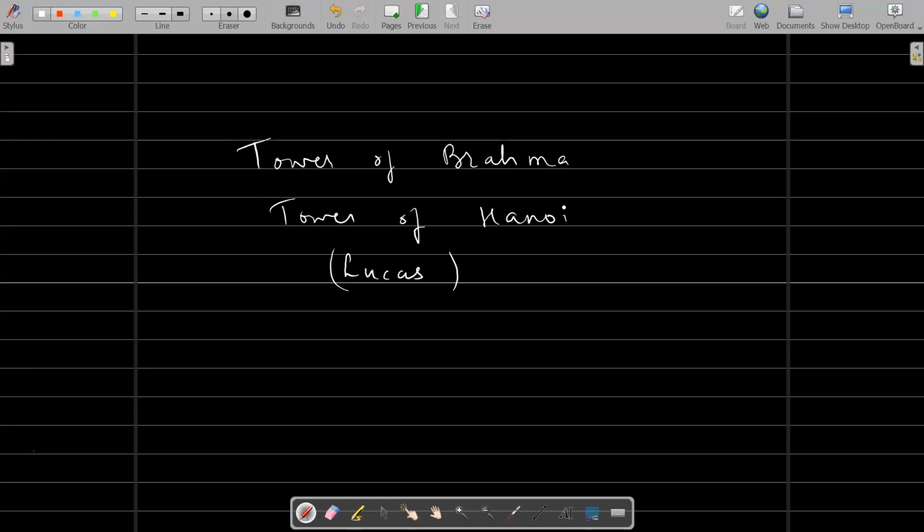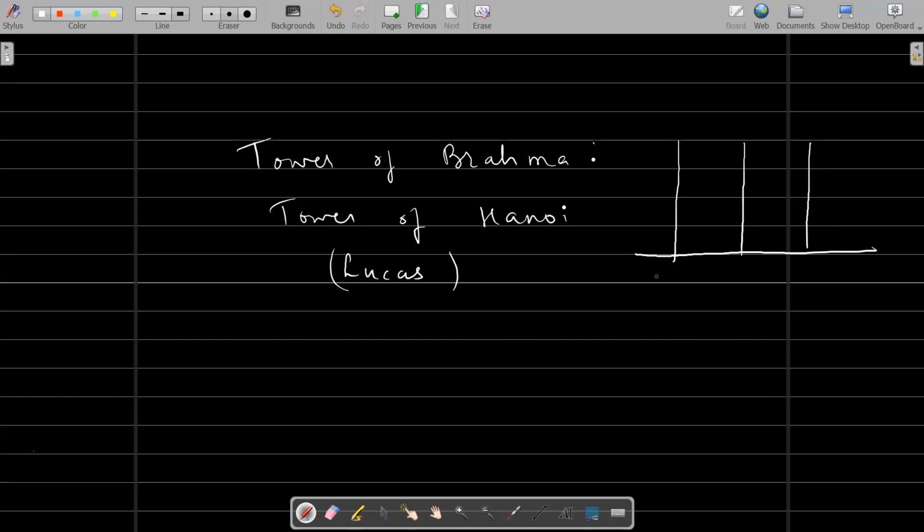And what's the problem? I'll tell the Indian version, Tower of Brahma. It's a story. There is a temple in Varanasi, where there are 3 poles, 1, 2, 3.